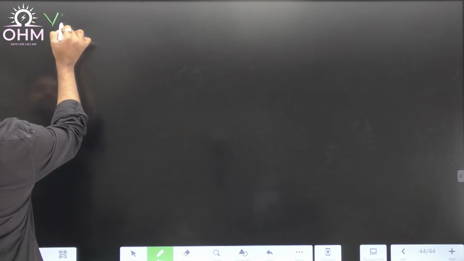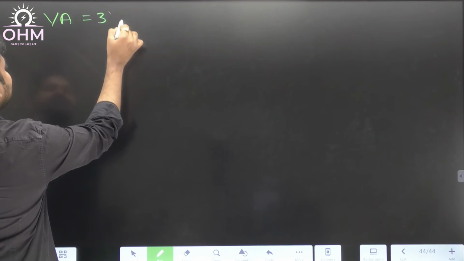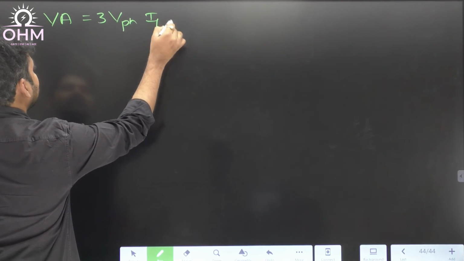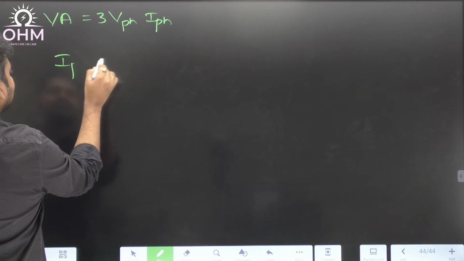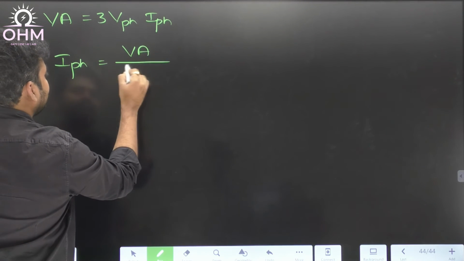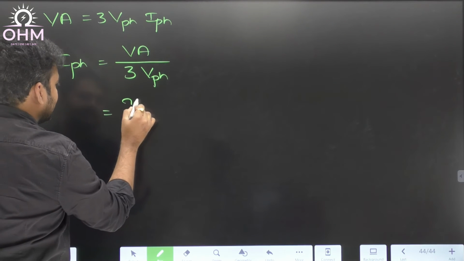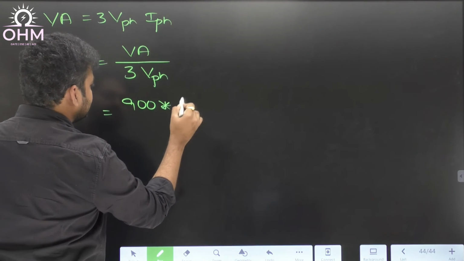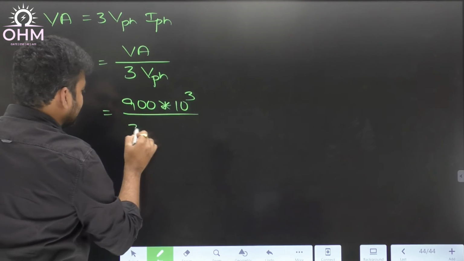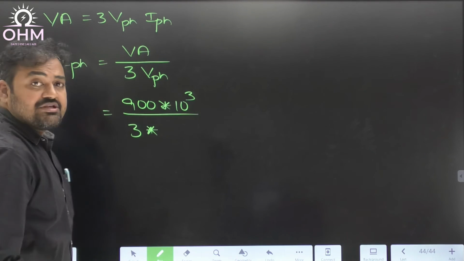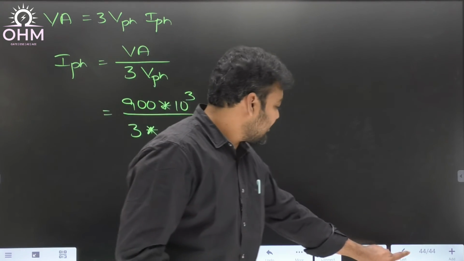Same formula once again. VA rating is equal to 3 V phase into I phase. From that, I phase is equal to VA rating divided by 3 V phase. What is the VA rating? 900 kVA divided by 3 into, what is going to be the phase voltage on the secondary side?